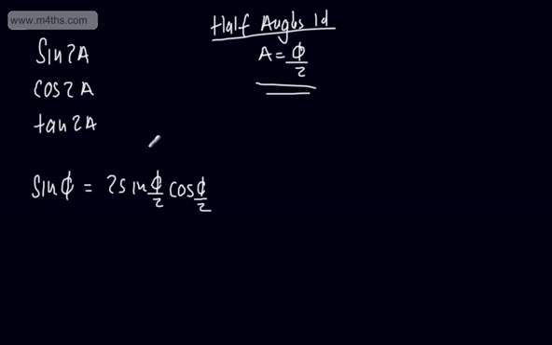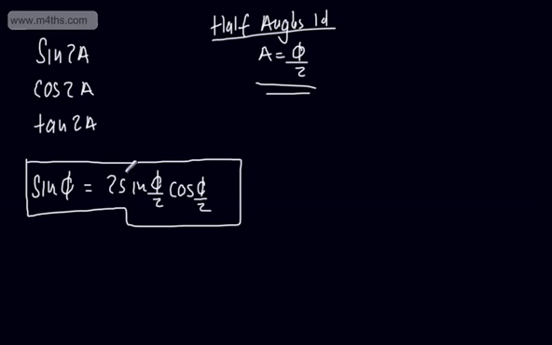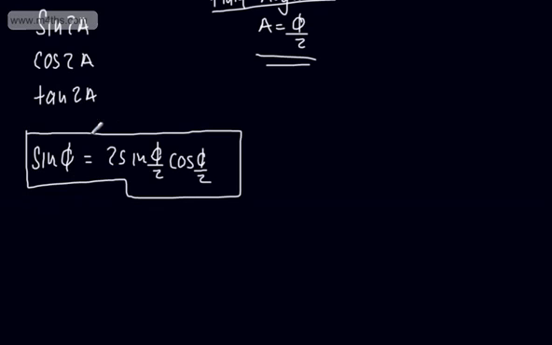So we're simply replacing a with theta over 2, and this is a really important result. So sine of theta can be expressed as 2 sine of theta over 2 cos of theta over 2.